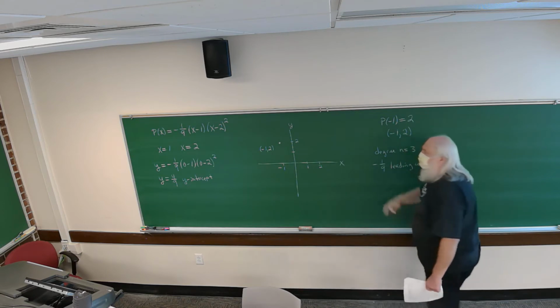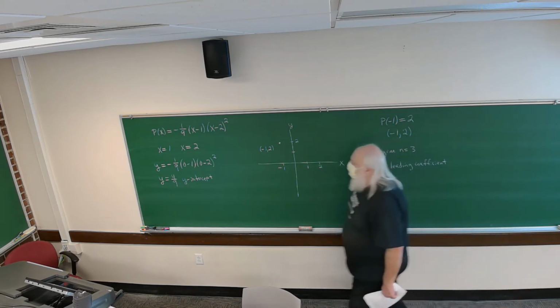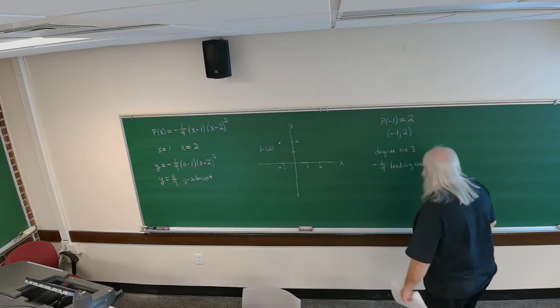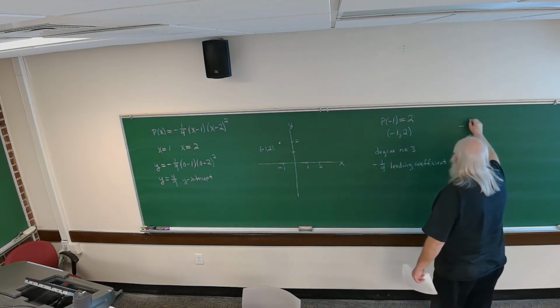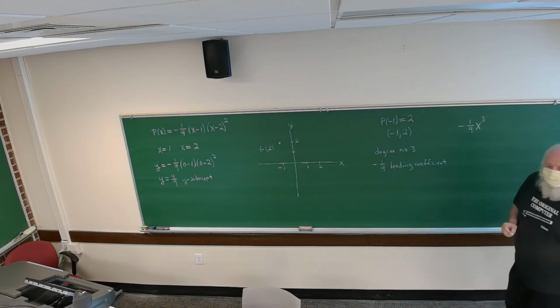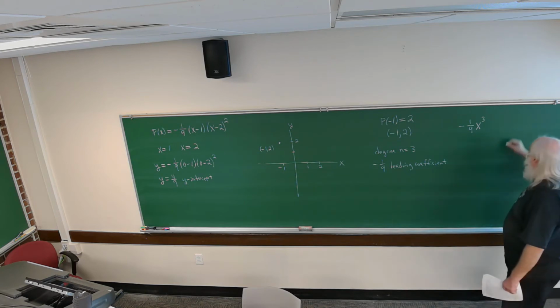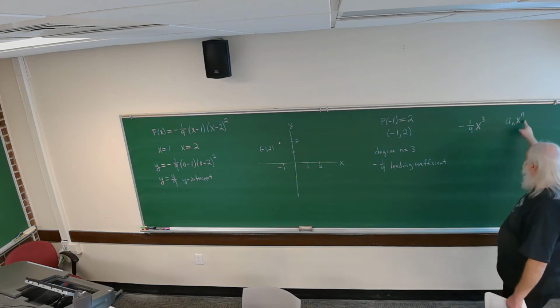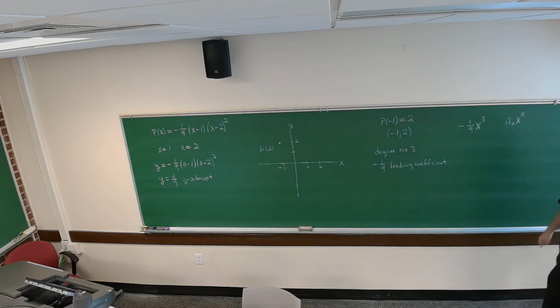So if we were to expand this, multiply this out, the leading term would be minus 1/9 times x cubed. Because remember, the leading term has the form a sub n times x to the n, where n is the degree and a sub n is the leading coefficient.